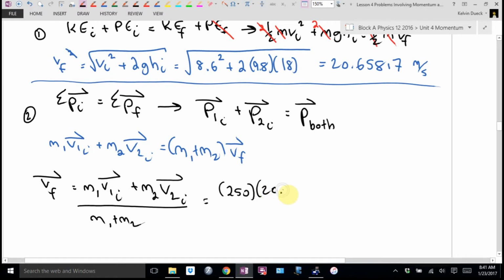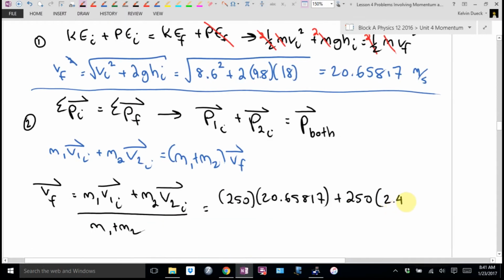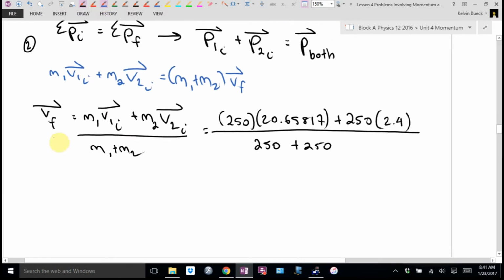So I'm going to go 20.65817. Of course, you know I'm going to use my answer button there. Plus 250, and I guess the second car was moving 2.4, divided by 250 plus 250, 500 if I wanted to do that in my head, and I probably could.